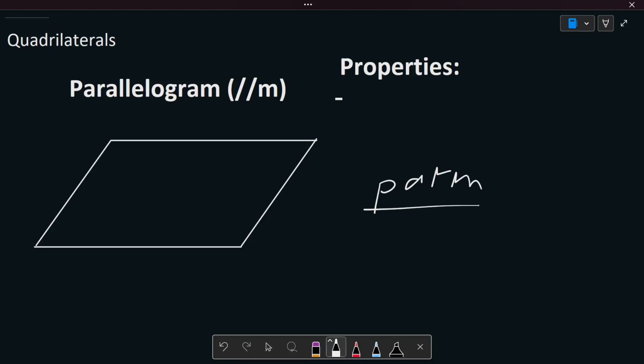Other people do it differently. You don't have to do it like the other, whichever one works better, you can use that. But I use the parallel lines with the M because it's easier and quicker, and I'm lazy. Okay, so now what do we know about the properties of a parm?